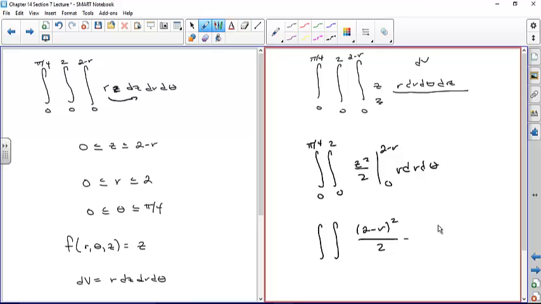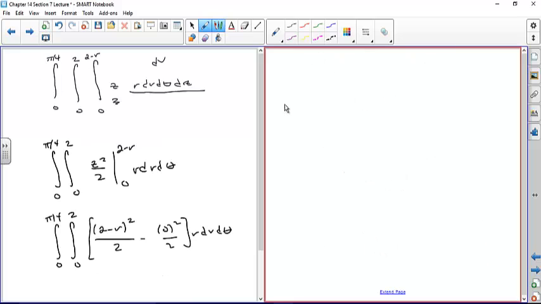So you get 0 squared over 2. And you multiply by r dr d theta. The limits are from 0 to 2 and from 0 to pi over 4. Okay, so all we have to do is multiply this thing out and then integrate with respect to r.